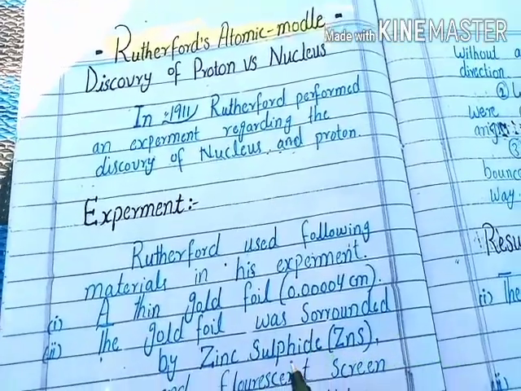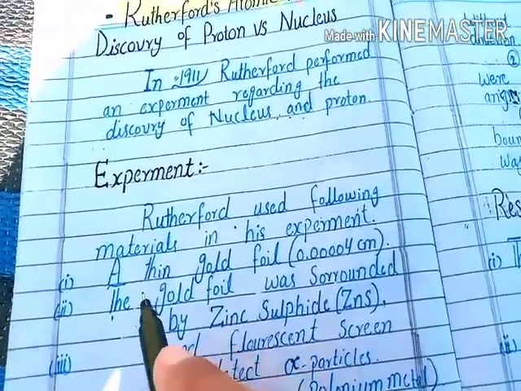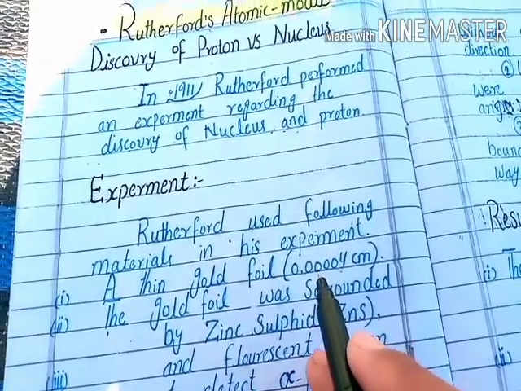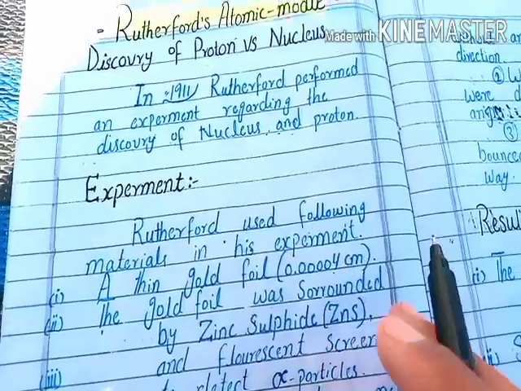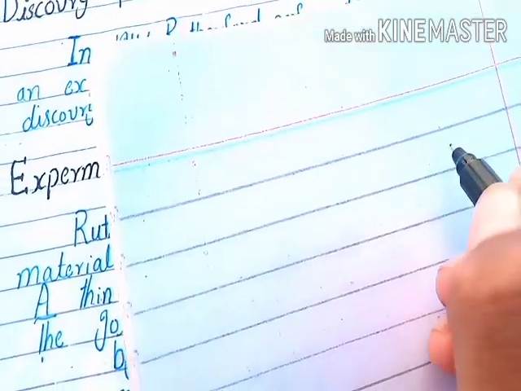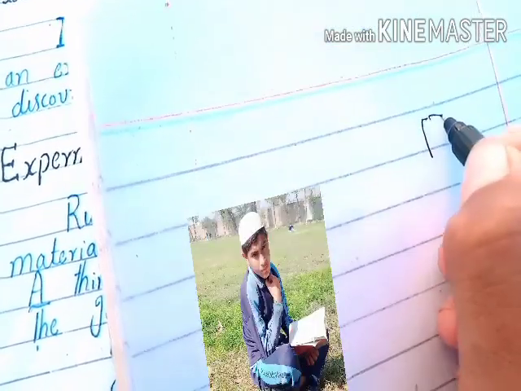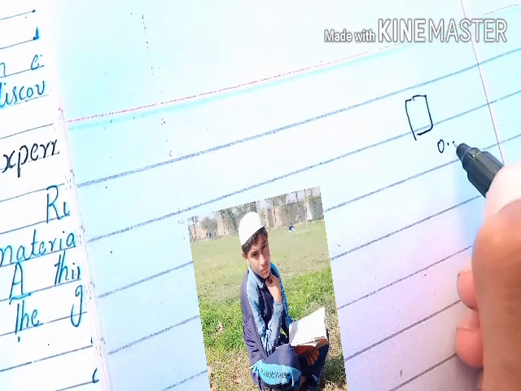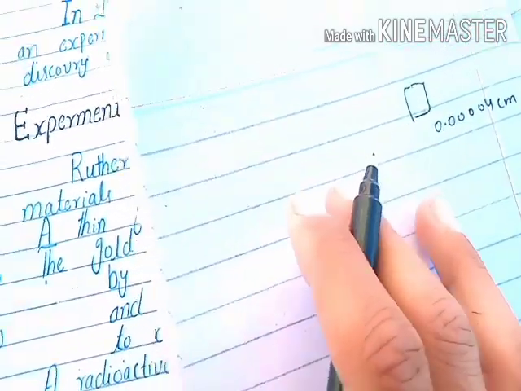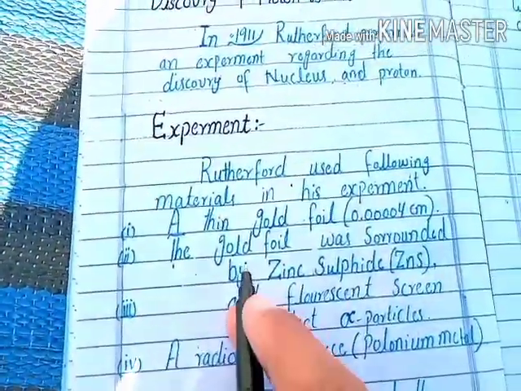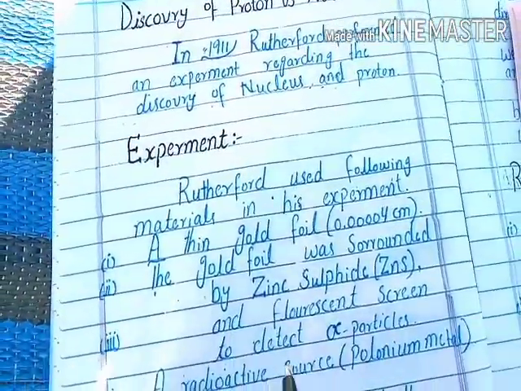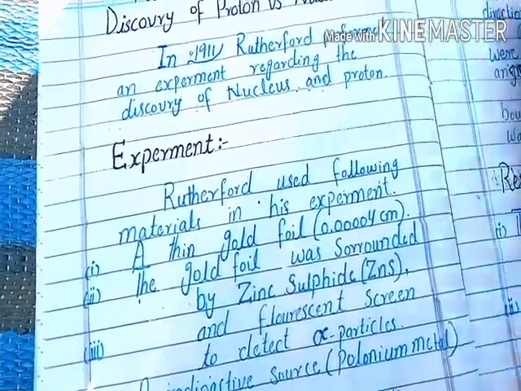In his experiment he used these things: a thin gold foil which was 0.00 and 0.04 centimeter thin. So I'll take here is the gold foil, which I take is 0.4 centimeter, and then he took the gold foil, surrounded by zinc sulfide and fluorescent screen to detect alpha particles.